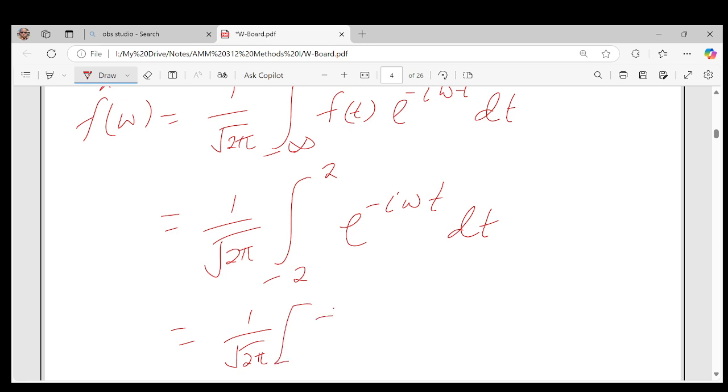Then we have -1 all over I omega, e raised to power negative I omega t, where t increases from -2 to +2.